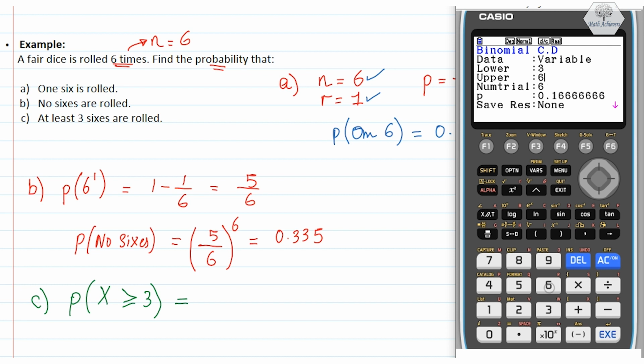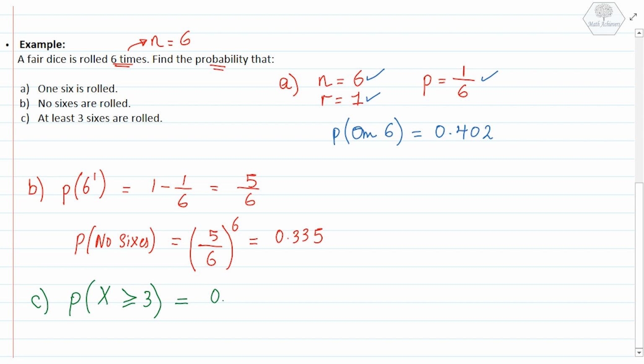So I add it as 6, the number of trials is 6, and the probability of success is 1/6. It's already given there. So I just execute. I have the probability to be 0.0623. I hope it's clear.